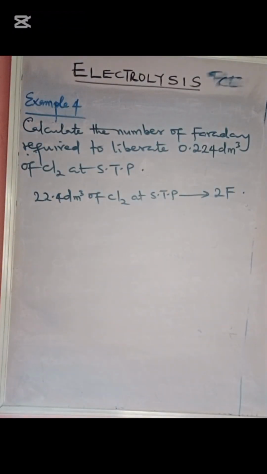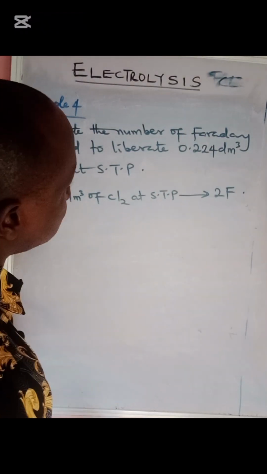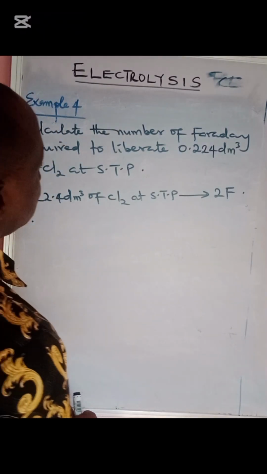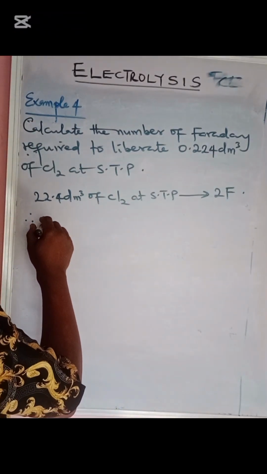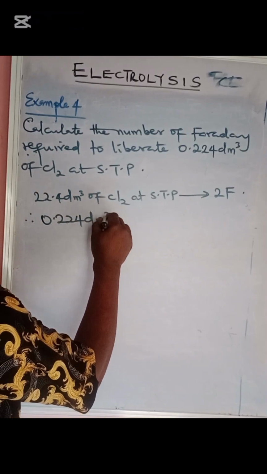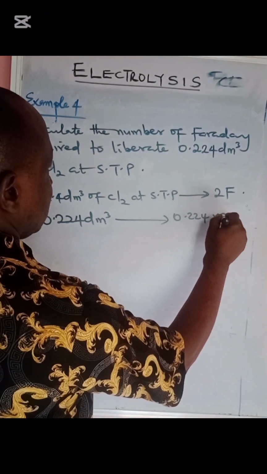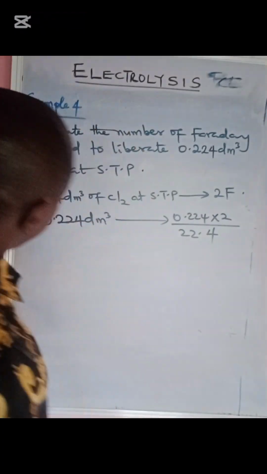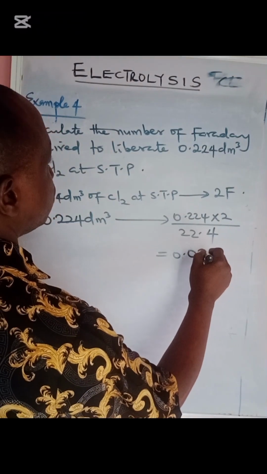Therefore, 0.224 dm³ will now be 0.224 times 2 divided by 22.4. So it will be 0.02 Faraday.